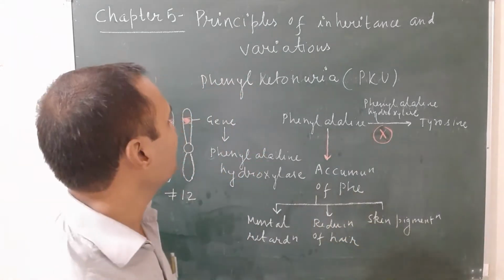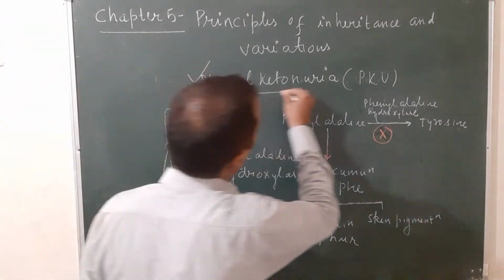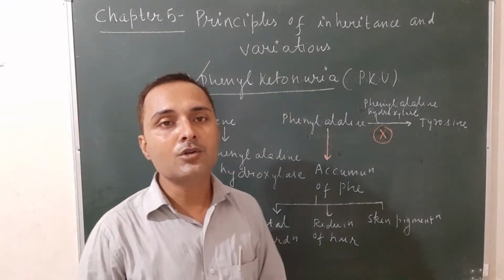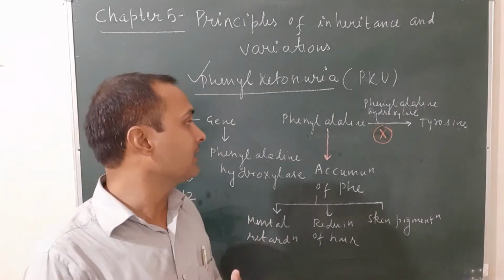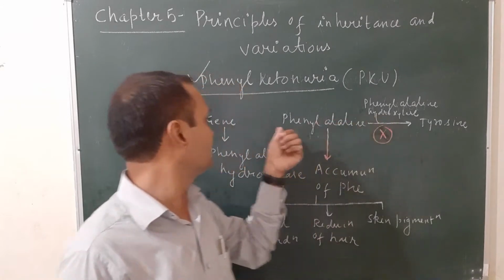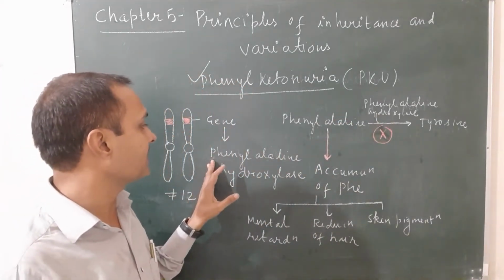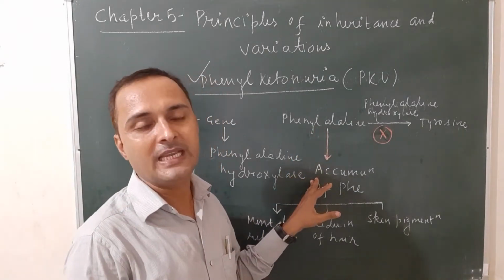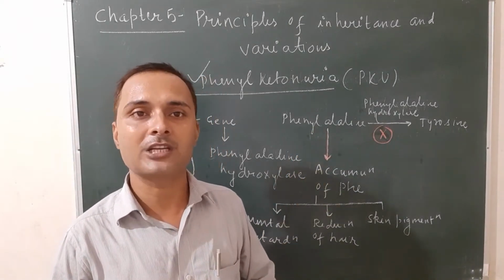So phenylketonuria is an example of pleiotropy, because due to mutation of the gene that is responsible for synthesis of phenylalanine hydroxylase, phenylalanine accumulates in the human body, and that causes the three phenotypic effects.